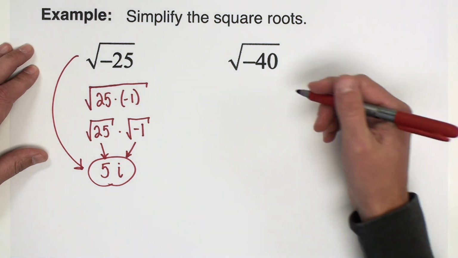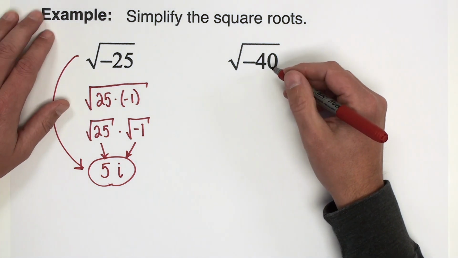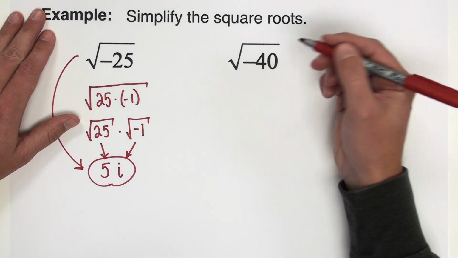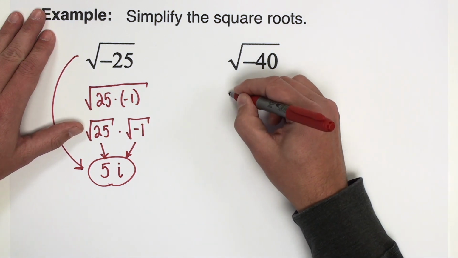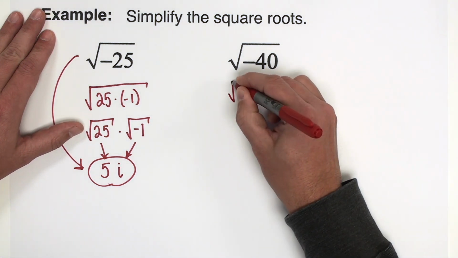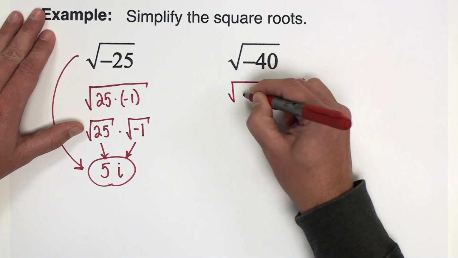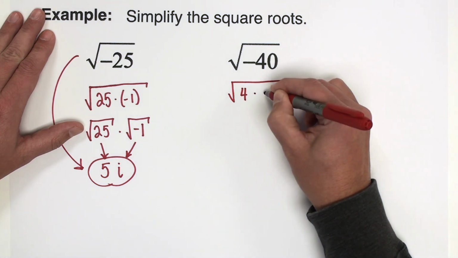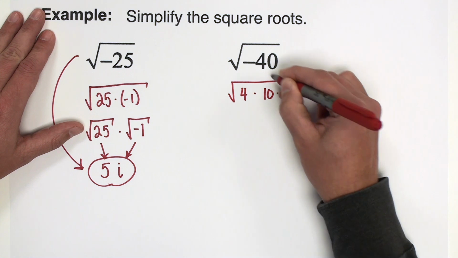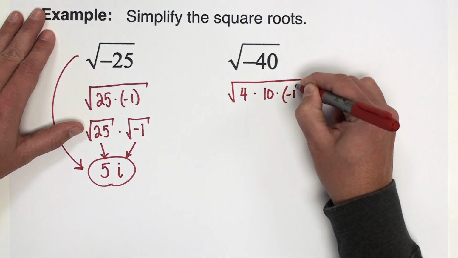On the next one, we have √-40. So I need to split this up because 40 is not a perfect square. So a couple ways I can think of this. 40 is 4 times 10, and because it's negative, we have the -1.